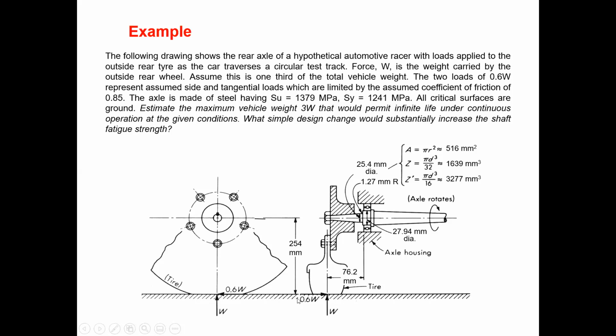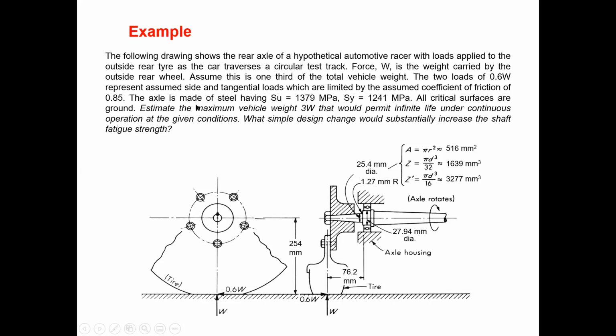If you consider this is the y-axis, this is the x-axis, this load applies on the z-axis. This is the side load. So there are 3 loads. As I said, the two loads of 0.6 W represent assumed side and tangential loads, which are limited by an assumed coefficient of friction of 0.85. Okay.